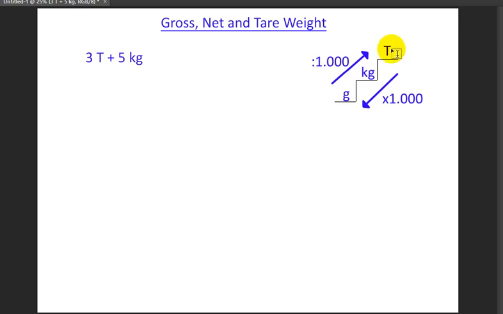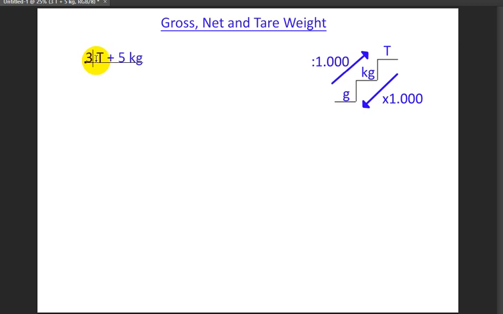Because 1 ton has 1,000 kilograms, give or take. It's about 1,000. Here we'll pretend it's 1,000. A kilogram has 1,000 grams. So if 1 ton has 1,000 kilograms, then 3 tons, for example, will have 3,000 kilograms. See what I just did there? I took one step down from tons to kilograms, so I needed to multiply by 1,000.